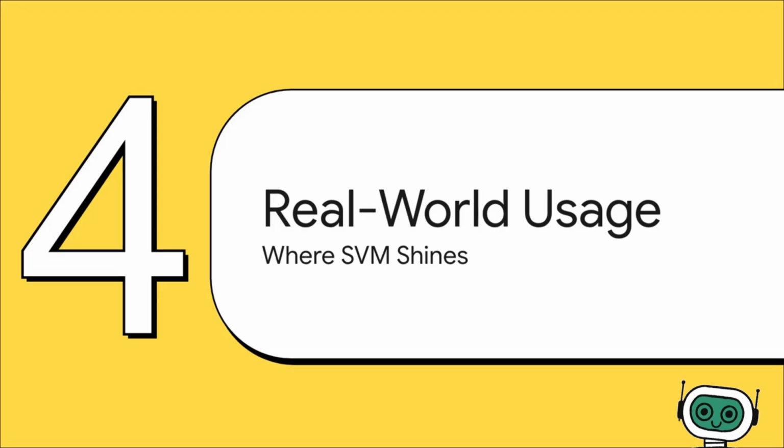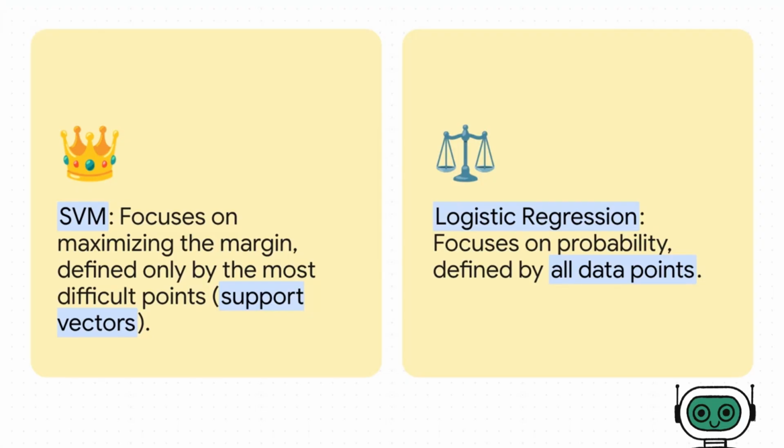So when would you actually reach for an SVM in your day-to-day work? Well, a good way to think about it is to compare it to something like logistic regression. Logistic regression looks at all the data to figure out probabilities. An SVM has a totally different philosophy. It ignores almost all the data and focuses only on the most difficult points, those support vectors, to define the decision boundary.